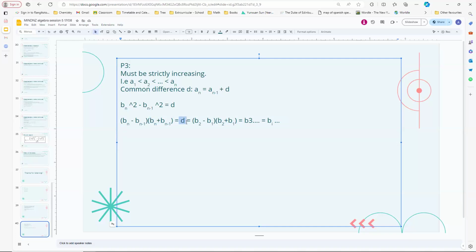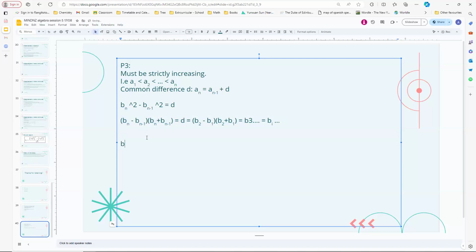Because it's an arithmetic progression. And if bn plus bn minus 1, which is one of the factors of this expression, is always increasing, then the other factor must always be decreasing. So we can write this inequality now.